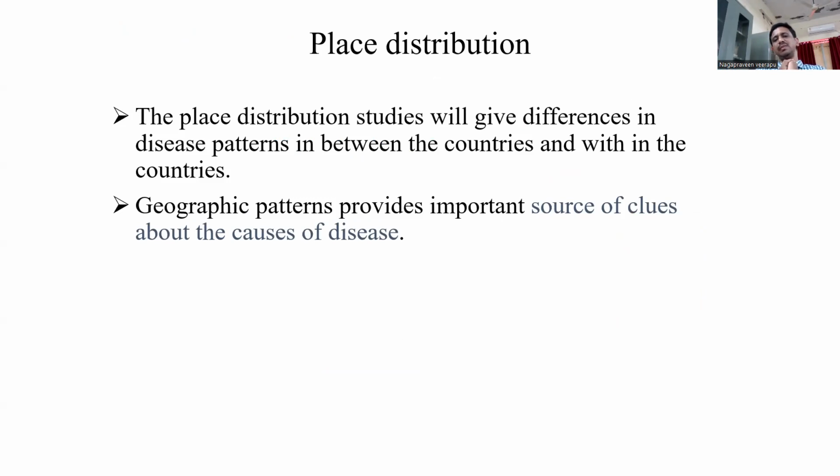Place distribution: place distribution studies give differences in disease pattern between countries and within countries. Geographical patterns provide important clues about the causes of the disease. When you observe the disease, you will know in which part of the country the diseases are more and which parts have less. Like that, we can get a picture from the geographical distribution.